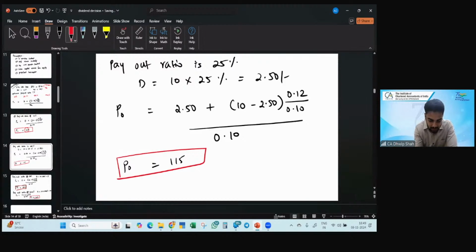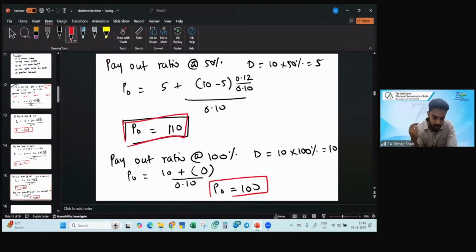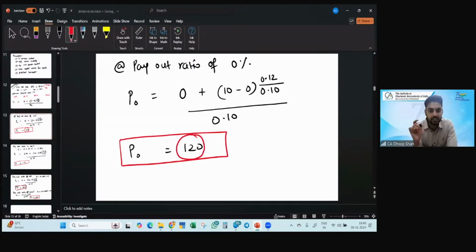At 25%, it decreased from 120 to 115. At 50%, it decreased from 115 to 110. And at 100%, it decreased from 110 to 100. Why is the market price maximum at 0%? Because ROI is greater than KE.